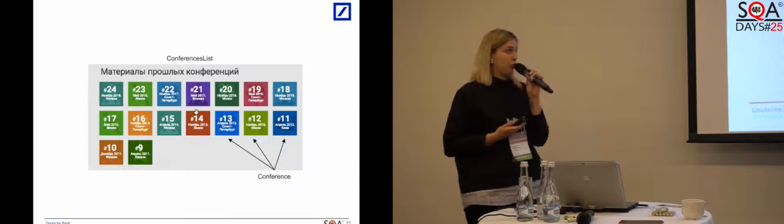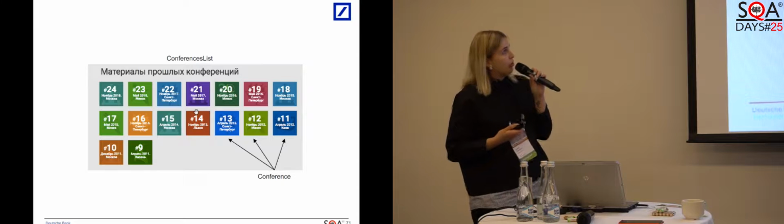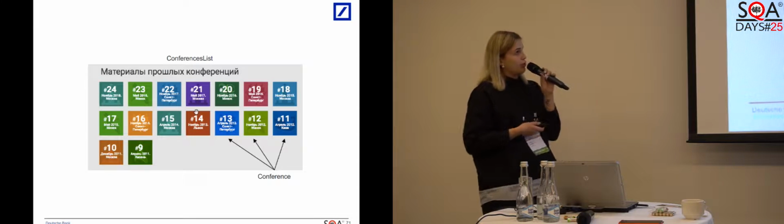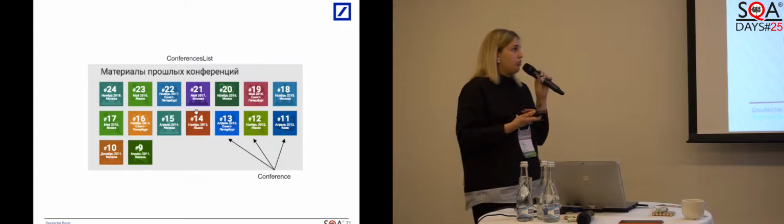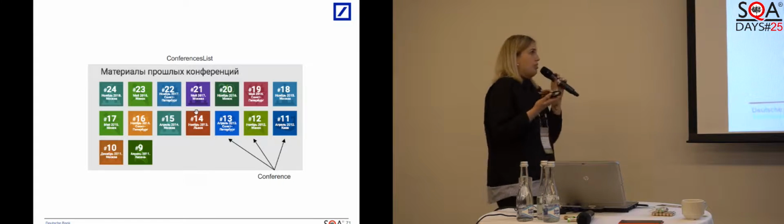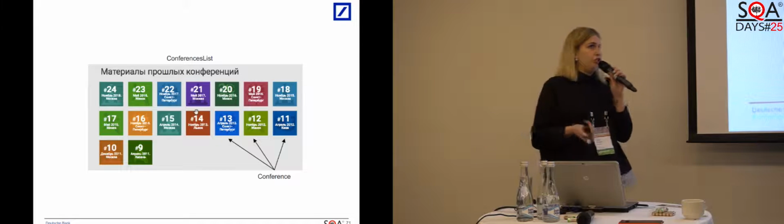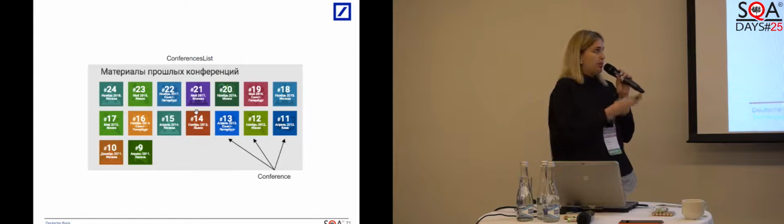One more idea is a mechanism of converting page blocks into each other. Once again, let's have a look at the SQA Days web page. Here are the icons of the previous conferences. They are all identical to each other. It doesn't make sense to write page blocks for each of them.